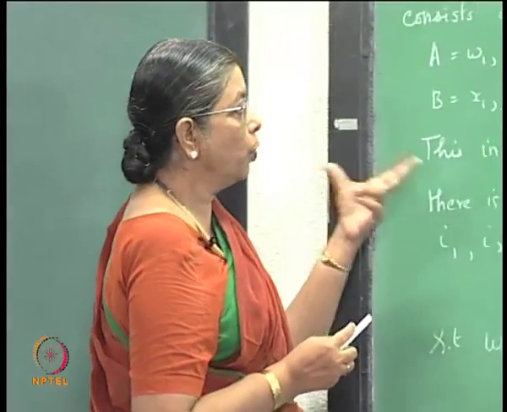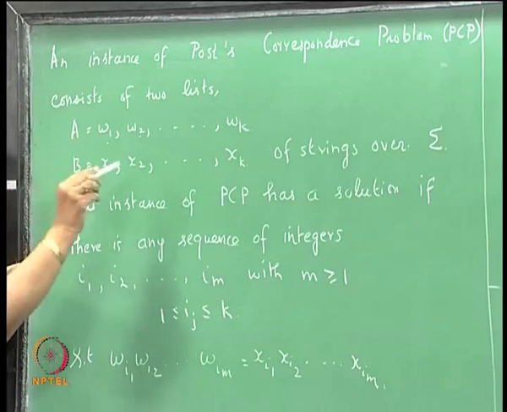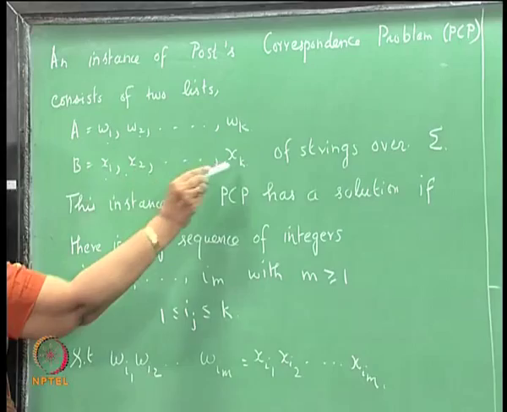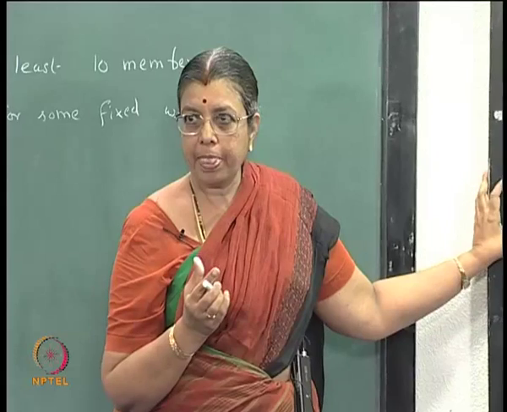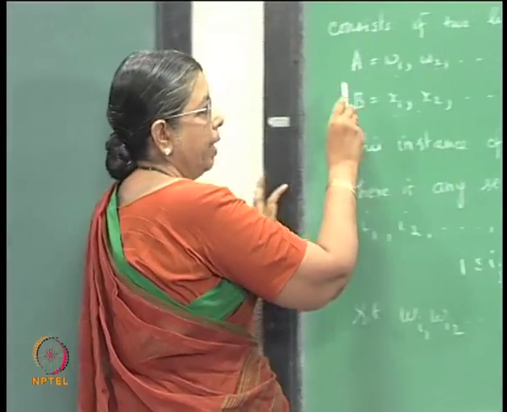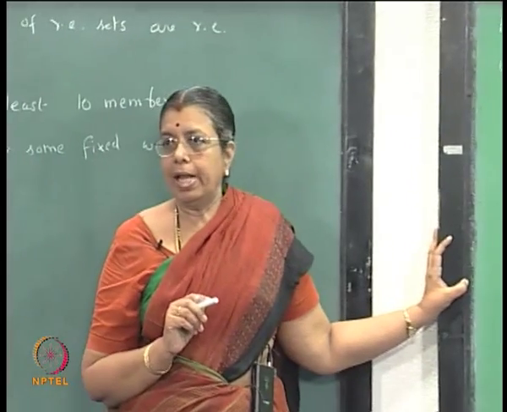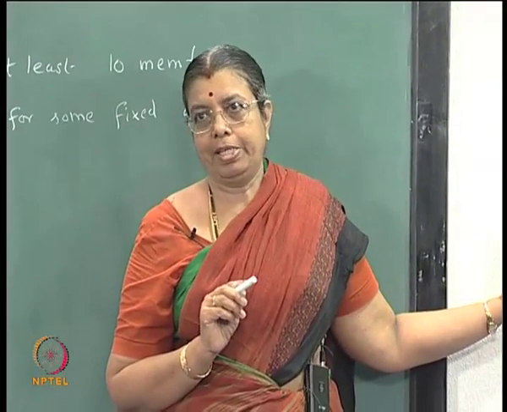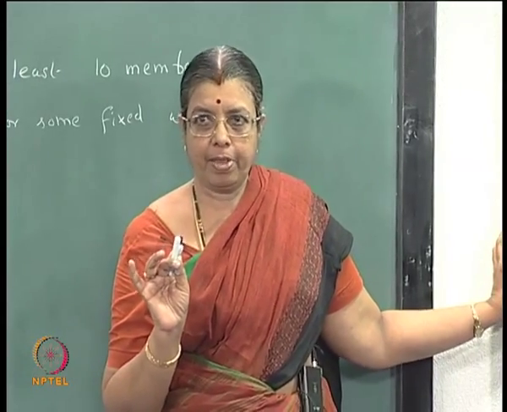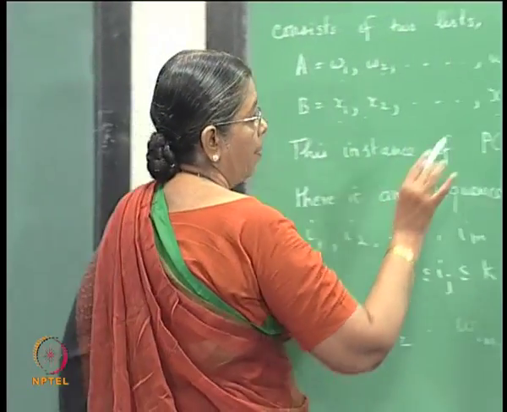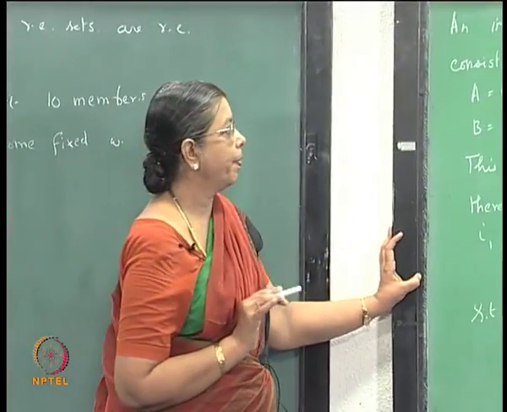It has 2 sets of strings, W1, W2, up to Wk, and another set x1, x2, up to xk. The same number of strings, the strings are different, but an equal number of strings over an alphabet sigma. We will assume that sigma has at least 2 elements. If it has only one element, the problem will become different.